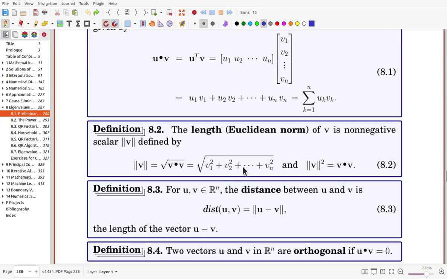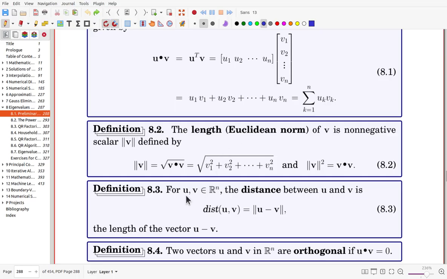Length of a vector is a non-negative scalar, and for V along with this 2-bar notation, that is defined in this way. Here that is the square sum and square root, and sometimes it's called the Euclidean norm.